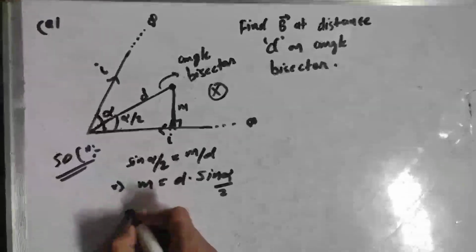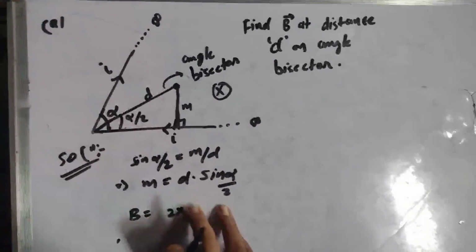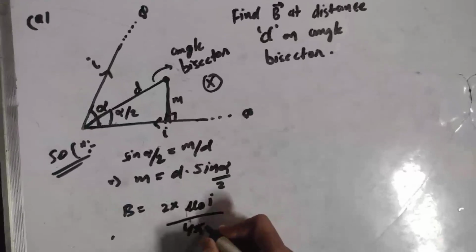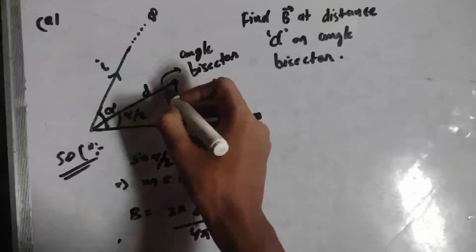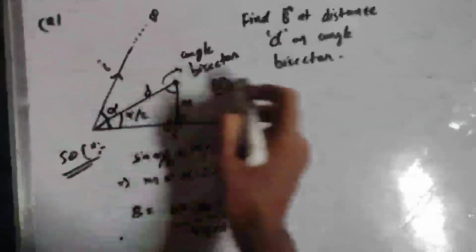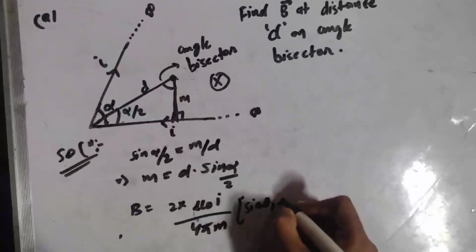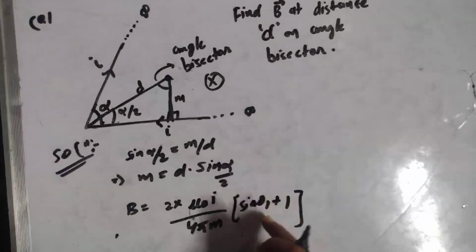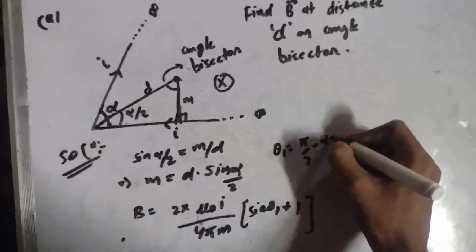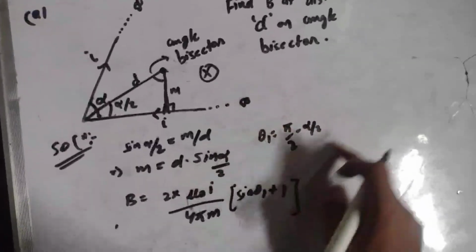So therefore the magnetic field will be 2 into mu naught I upon 4 pi m into sin theta 1 plus sin theta 2. We take the second angle as pi by 2, because this is an infinite wire. Sin theta 2 is pi by 2, we can write it as 1, and theta 1 equals pi by 2 minus alpha by 2.